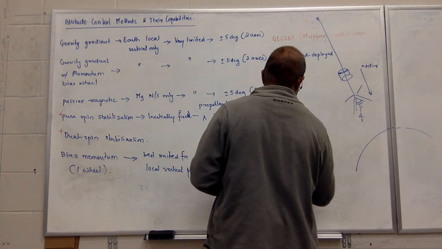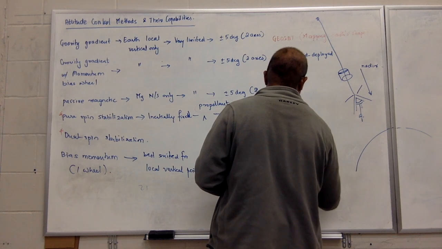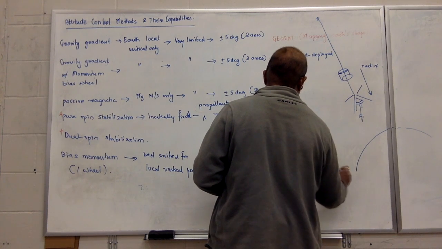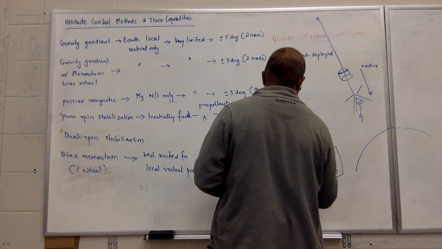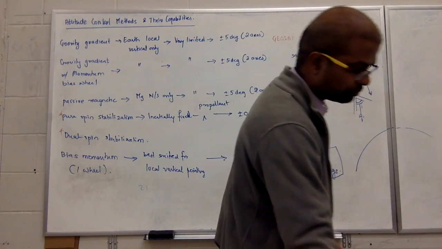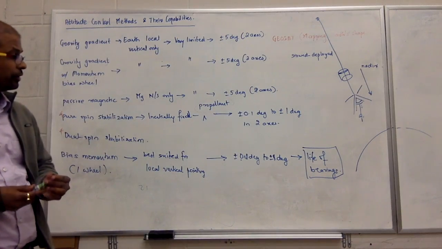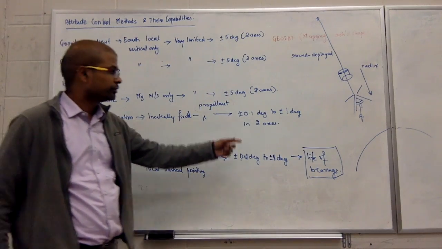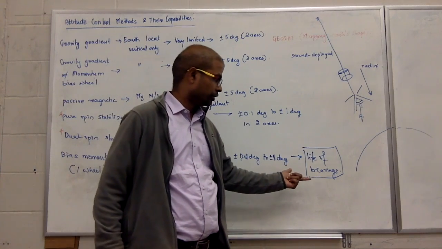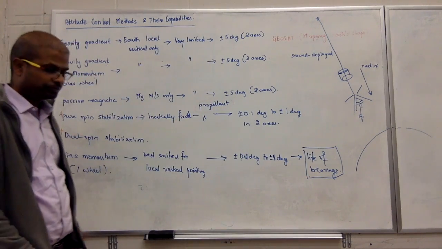The concern is the life of bearings. This is a very critical concern. And whatever we are going to do for the space grant satellite, we have to look at what kind of attitude control we need.